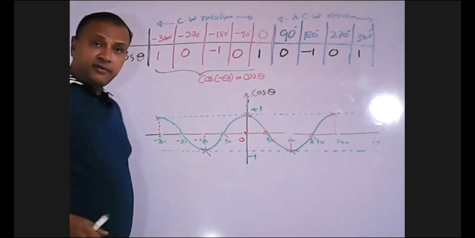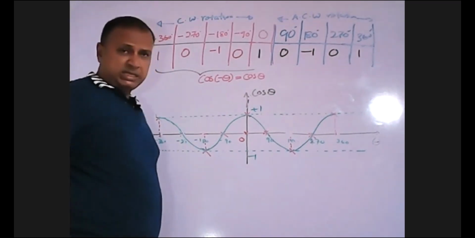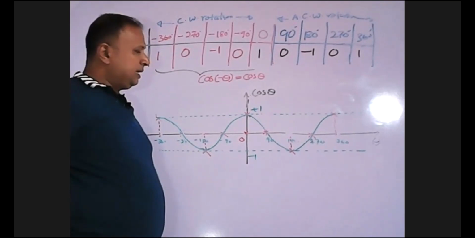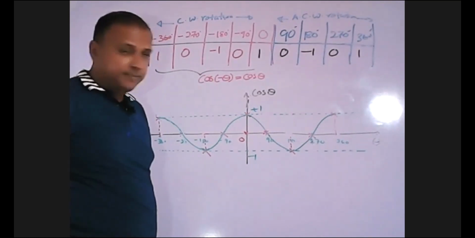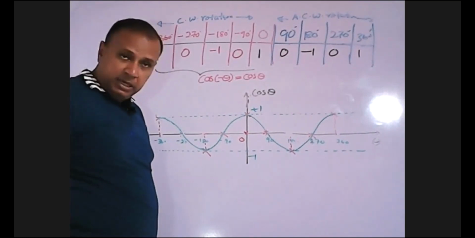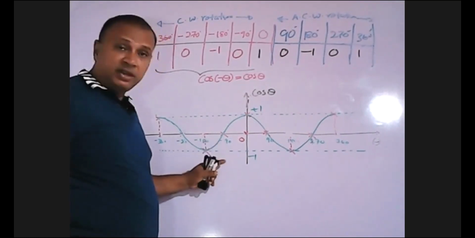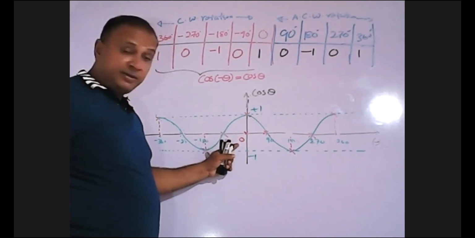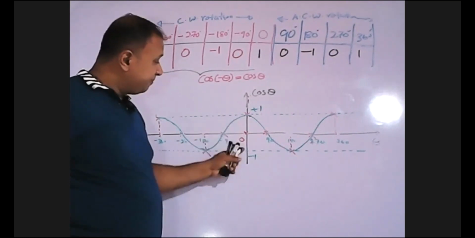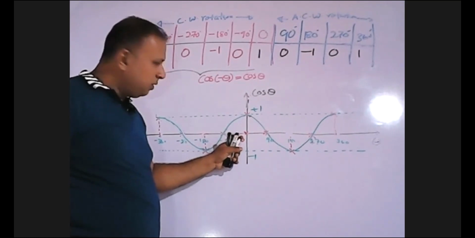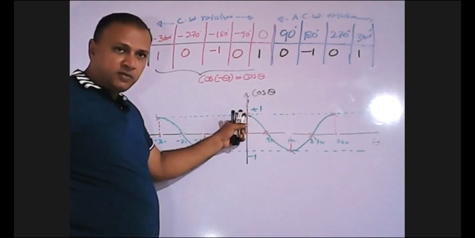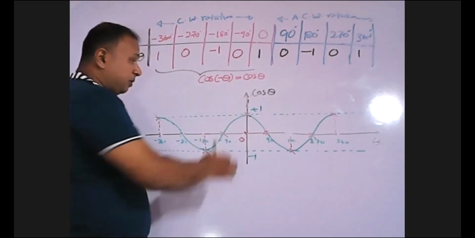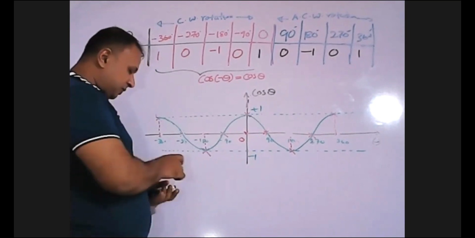Okay, look at this graph. The shape of the sine curve and the cos curve are similar to each other. The only difference is that when the theta value is 0, the sine value is 0, but the cos value is 1.